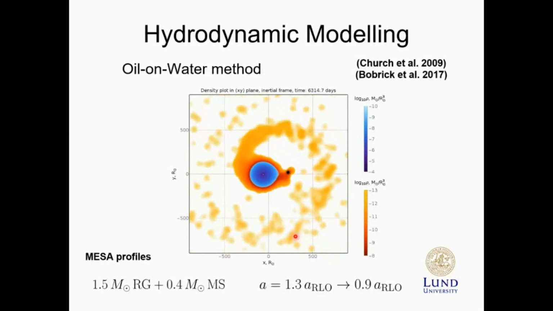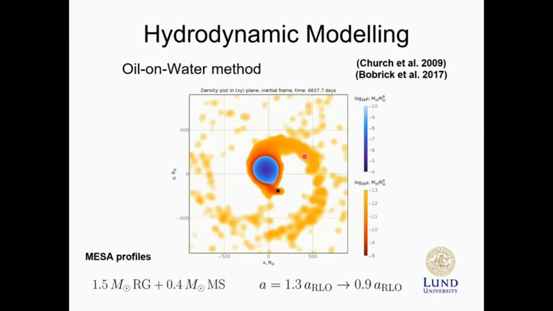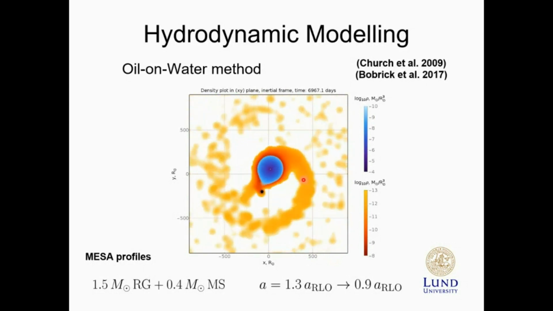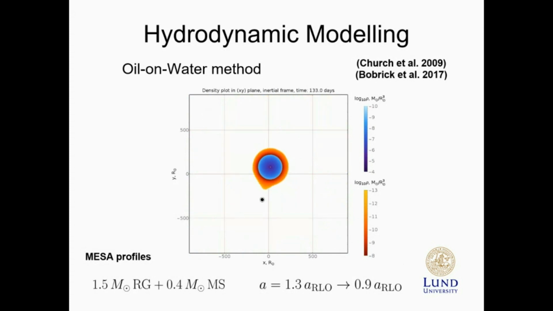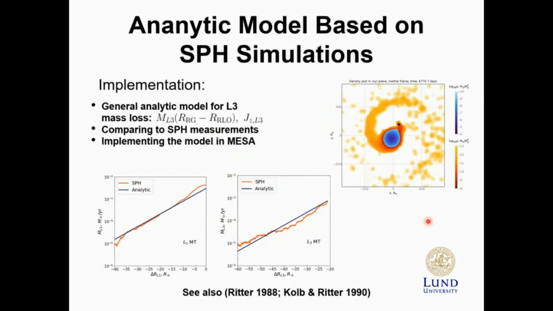And basically, through the usage of this code, we have been able to quantify how many particles, or how quickly, the red giant loses mass from its back, and how much angular momentum that material takes. And that has been quite useful, because we have then been able to construct an empirical graph for how the mass transfer through the back of the red giant and through the front of the red giant depends on the binary separation.